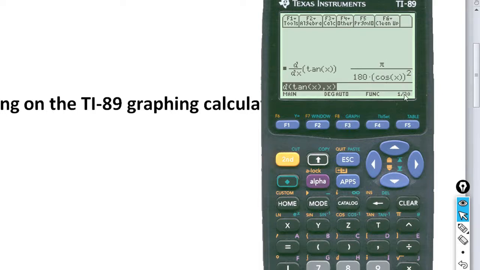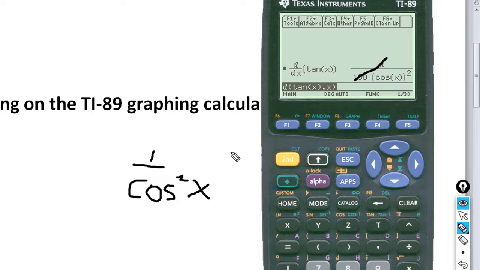Okay, so let's just remember that pi is in radians and 180 is in degrees. These are equivalent, so if I cancel those out, I'm left with 1 over cosine squared x. So notice I'm putting the square here, which is the same thing as putting parentheses and then putting the square.